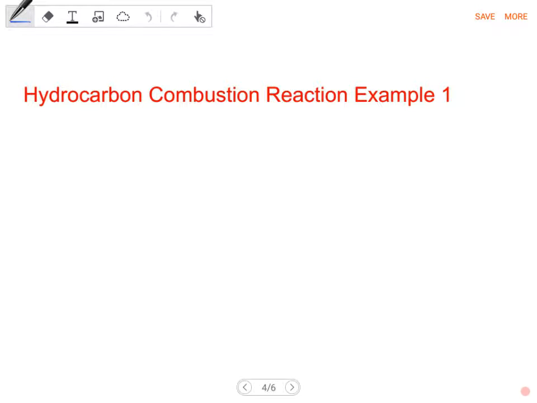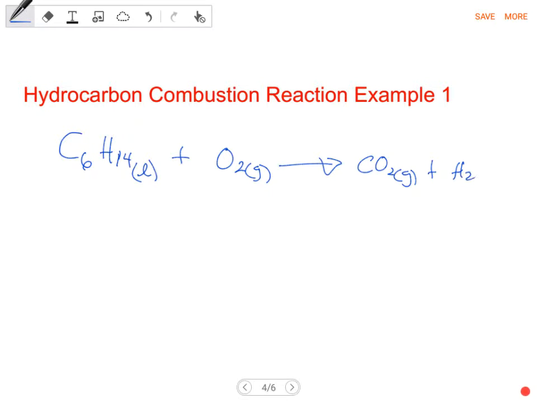Writing these is very, very simple. I can give you anything. Let's take hexane, C6H14, and I tell you that you have to finish this off. Well, what's it going to be? You have to add oxygen gas, and you know that you're going to get CO2 gas and water.